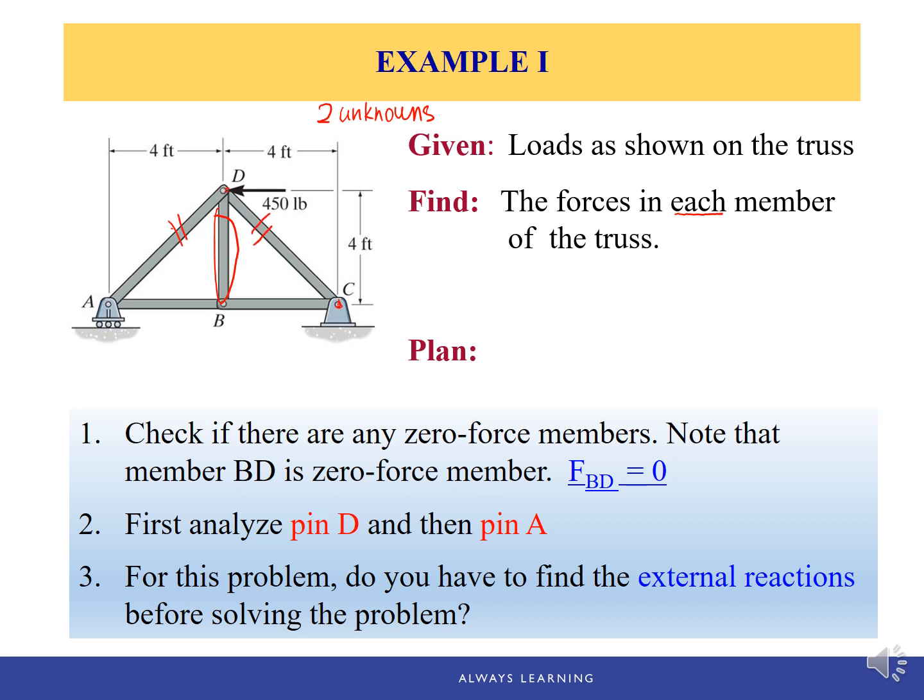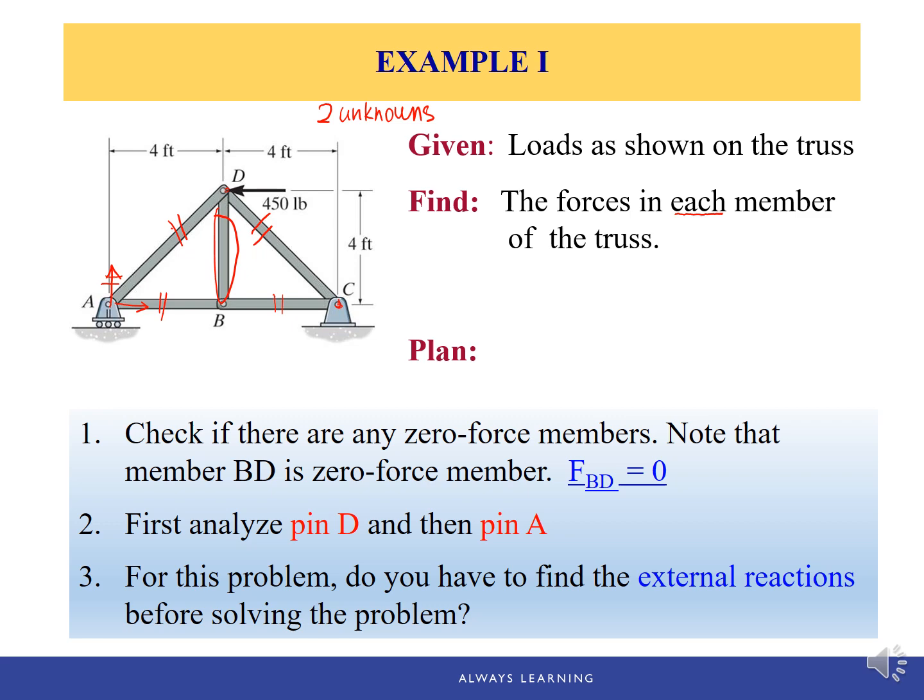And now at pin A, we only have two unknowns, which are AB and the support reaction from the ground, NA. And at pin C, we already solved CD with pin D, and we just have one more left, which is BC. So that means the support reactions are not necessary.